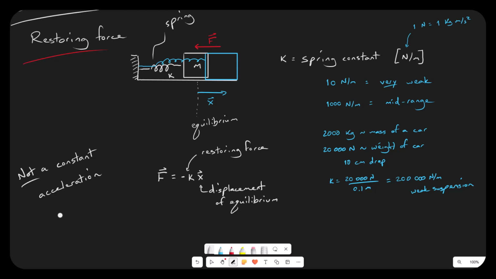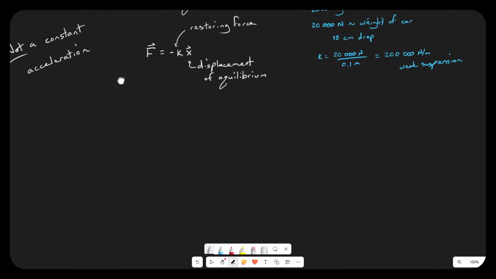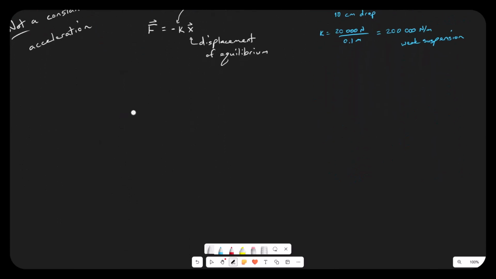I take this spring, put it vertically maybe, attach a mass to the end. How far does the spring stretch? That is a fair game problem.